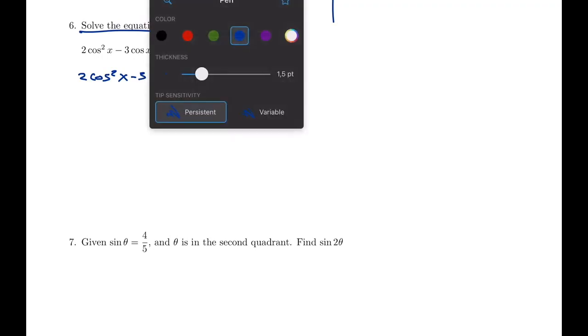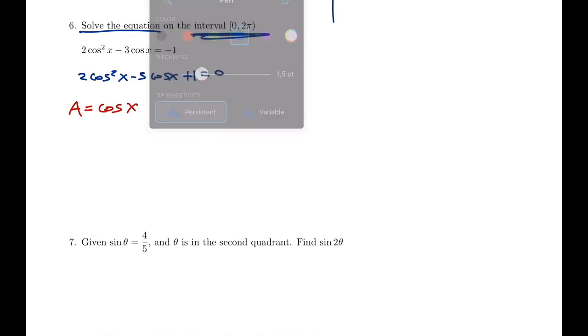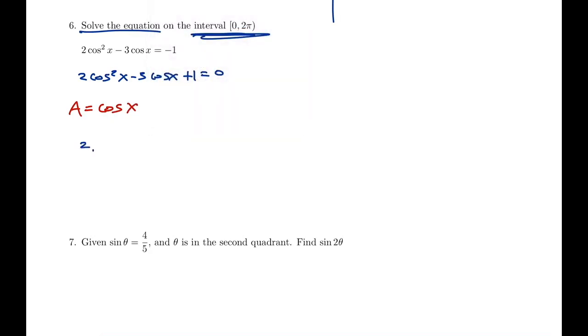Then what I'm going to do is treat cosine as an entire variable a. Then I'll rewrite it using a. Then I get 2a squared minus 3a plus 1 equals 0. The reason I do this is so that we can factor this, if we can factor it.